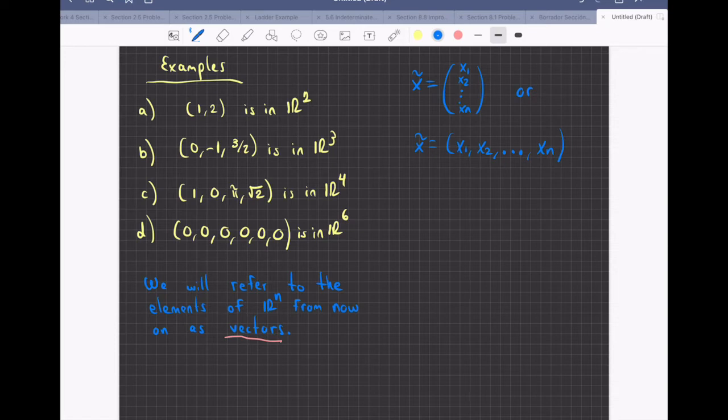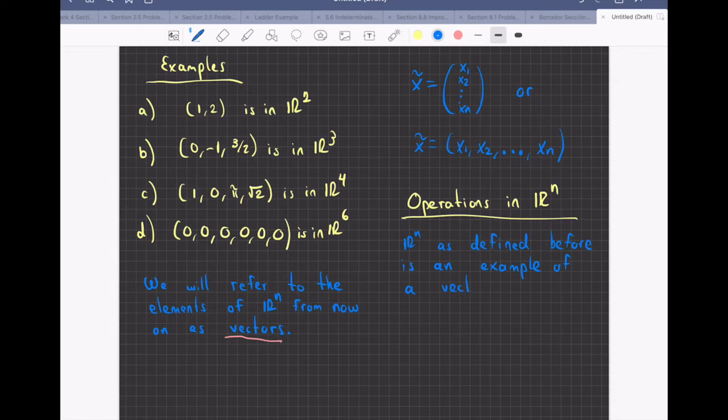All right. Now, Rn, as defined before, is an example of something called a vector space.